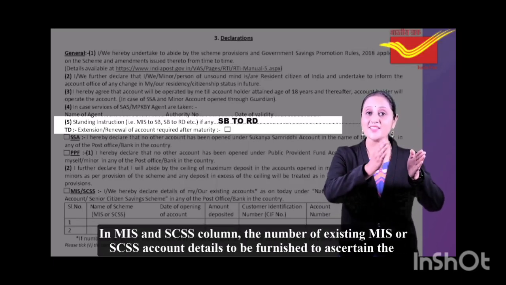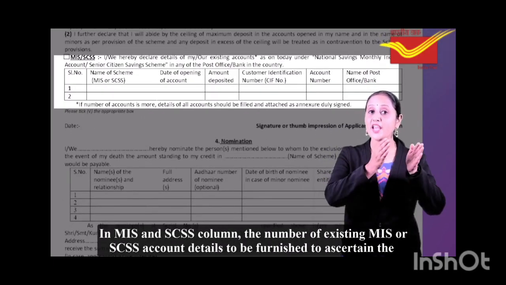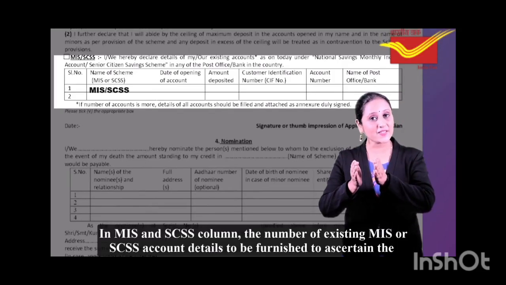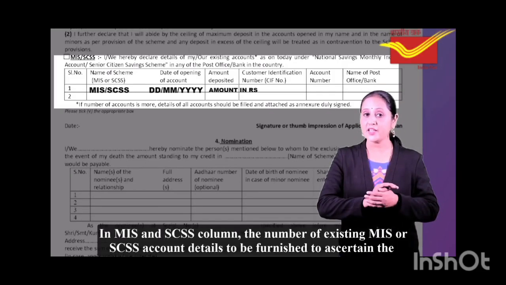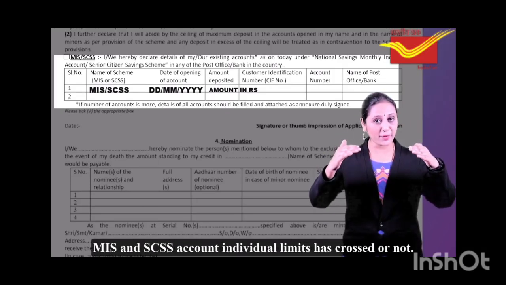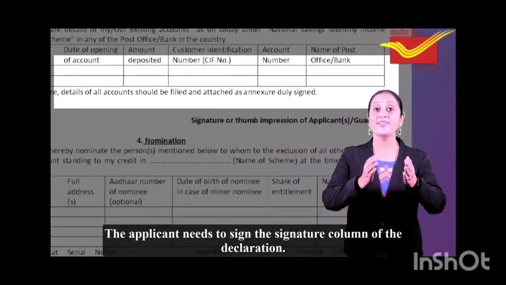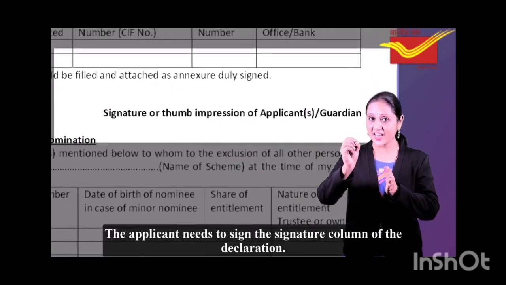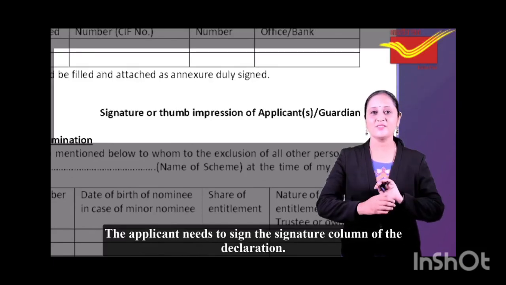In the MIS and SCSS column, the number of existing MIS or the SCSS account details to be furnished to ascertain the MIS and the SCSS account individual limits has crossed or not. The applicant needs to sign the signature column of the declaration.